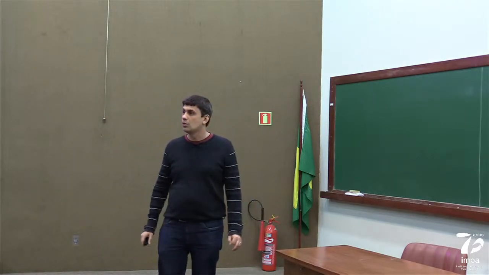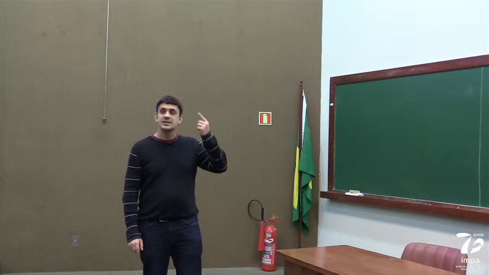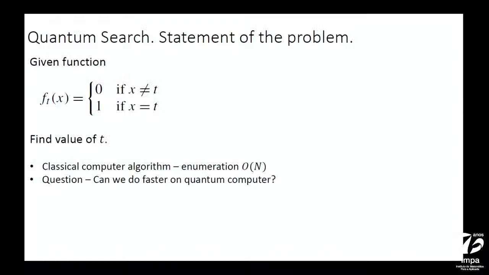This is O(N) runs of this black box function. So we have several measures of complexity: how many gates or operations we need to create ourselves, and how many runs of this black box function we need. I will pay attention to both.